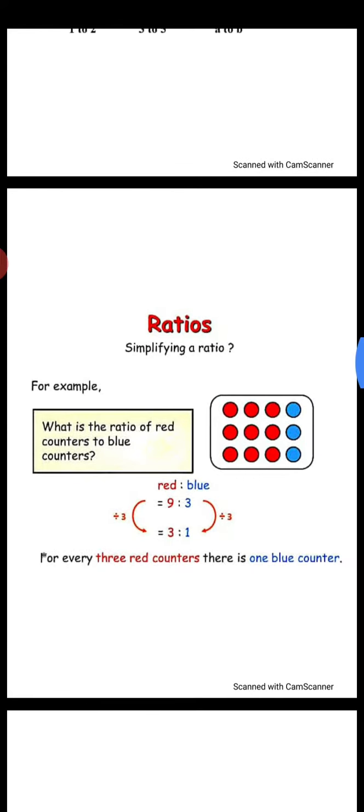Now we can see how to simplify a ratio. First we would begin with an example. What is the ratio of red counters to blue counters? Here we can see a couple of red balls, and beside that a couple of blue balls.